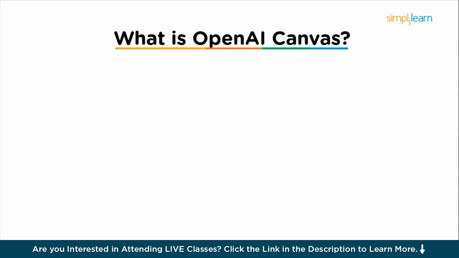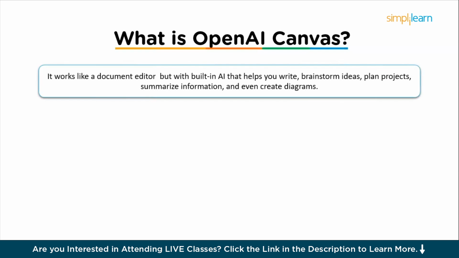What is OpenAI Canvas? Let's break it down. OpenAI Canvas is just like Google Docs, but with superpowers. It is a smart writing and planning tool made by OpenAI, the company behind ChatGPT. It works like a document editor similar to Google Docs, but with built-in AI that helps you write, brainstorm ideas, plan projects, summarize information, and even create diagrams, all in one place.